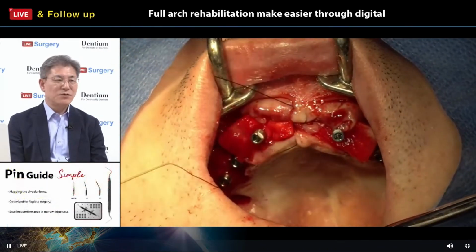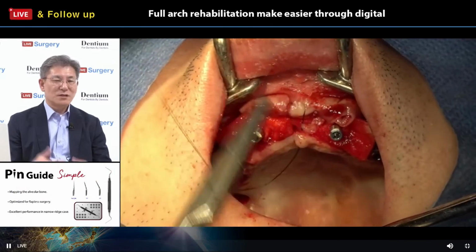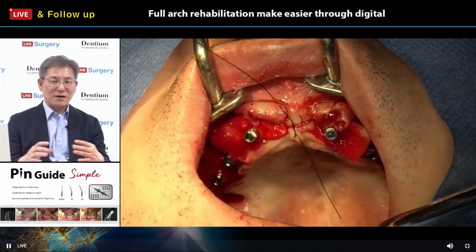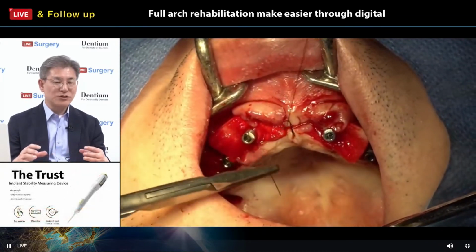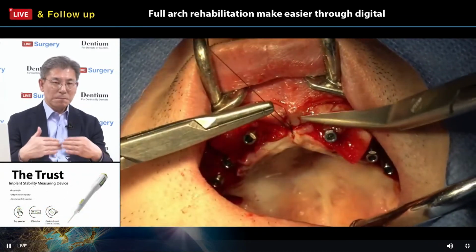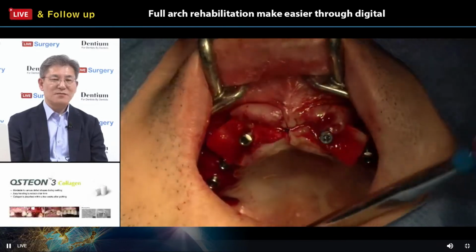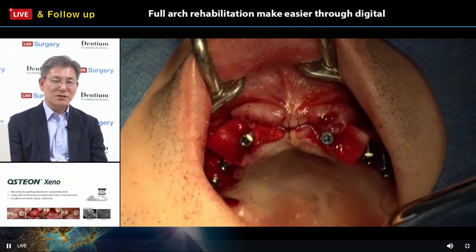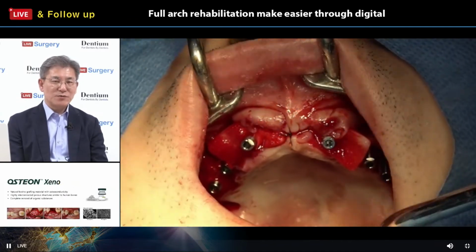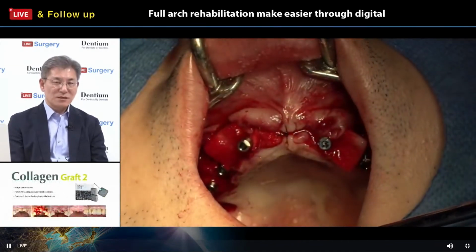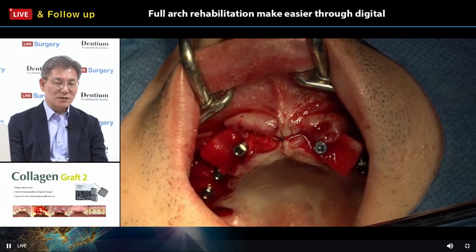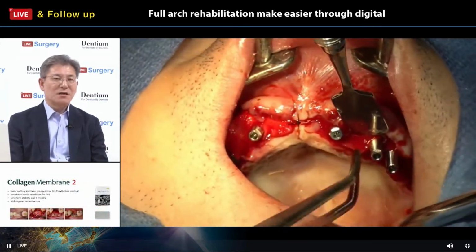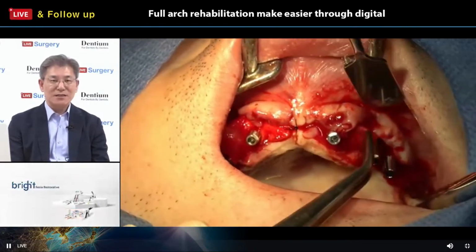However, if you use a barrier membrane and graft materials with the traditional concept of GBR procedure, you should perform primary closure. So you need a wide and big periosteal releasing incision.